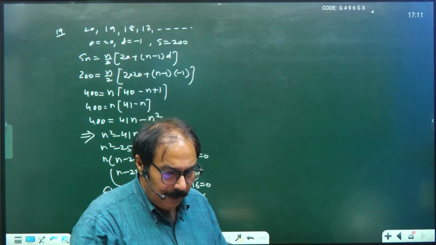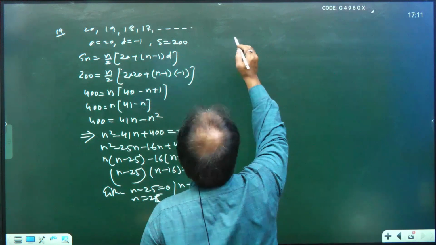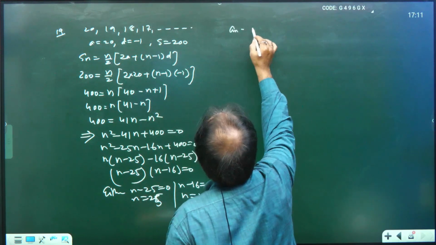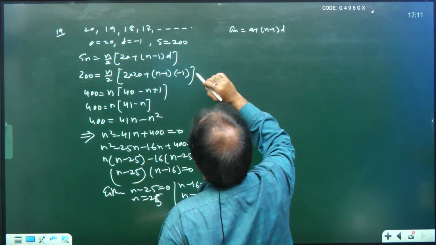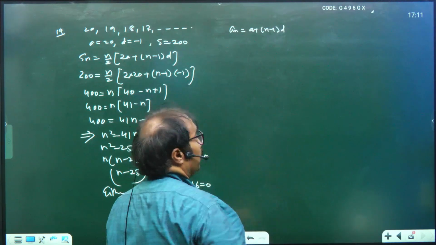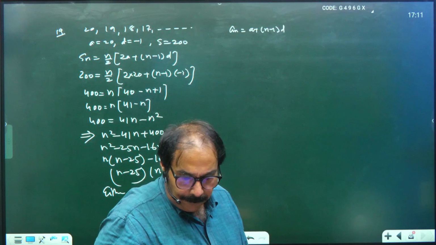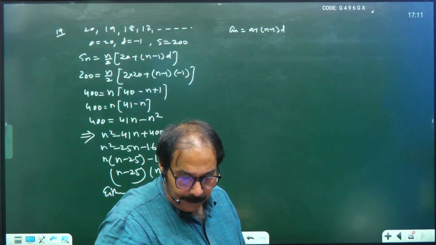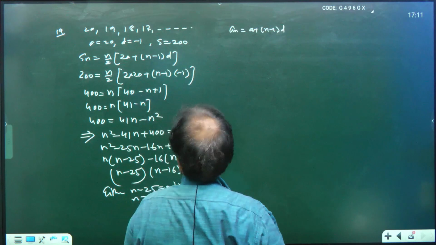And now how many logs are on the top row, means the nth term. So an is equal to a plus n minus 1 into d.